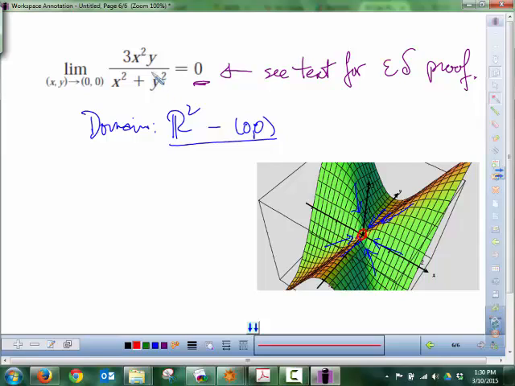So the other point that I was trying to get to by talking about this thing with a hole in it is that there's a question about continuity.